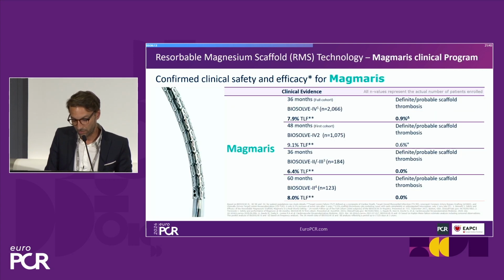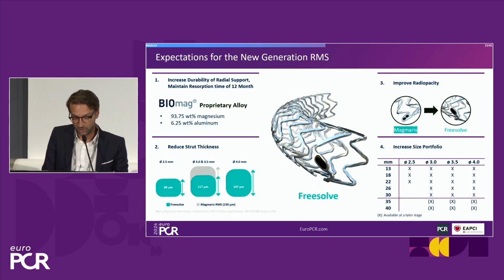But another technology has emerged, the resorbable magnesium scaffold technology with the Magmaris and the DREAMS-2G, that showed a promising safety profile with a very low stent thrombosis rate and good TLF compared with the standard DES. But what's the expectation for the new generation BMS?